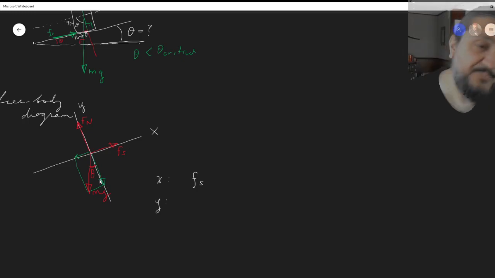Now the y component of mg has a magnitude of mg times cosine theta. Why? Because I have a right triangle here. Here's the right angle. Similarly, if I consider the opposite side to theta, that's where you have your x component. So it is mg sine theta.